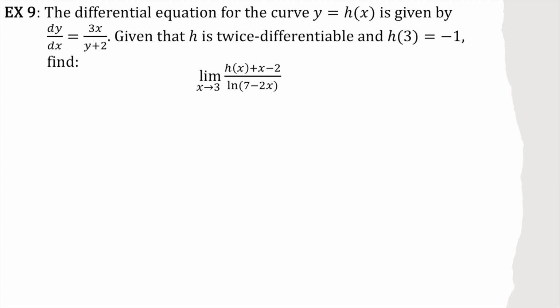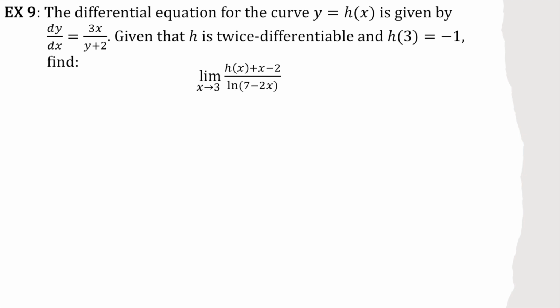Last one, example 9. The differential equation for the curve y equals h of x is given by dy dx equals 3x over y plus 2. Given that h is twice differentiable and h of 3 equals -1, find the limit as x approaches 3 of h of x plus x minus 2 over ln 7 minus 2x.